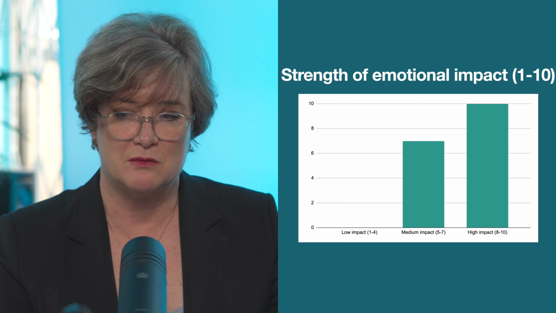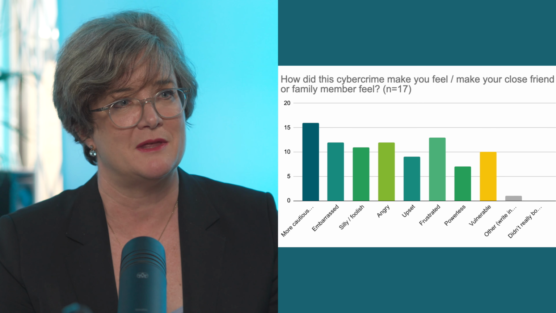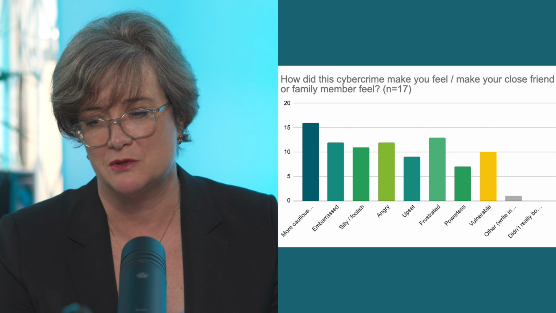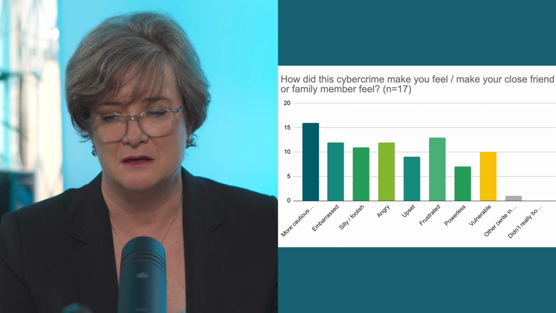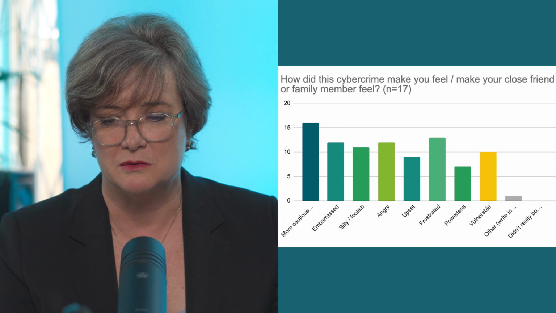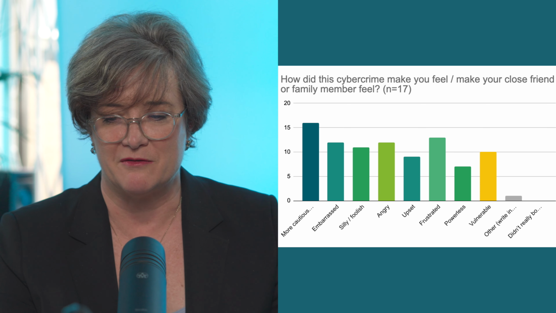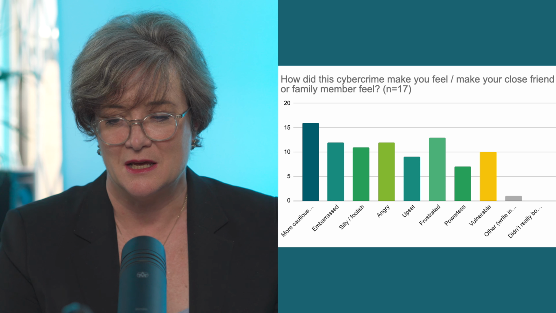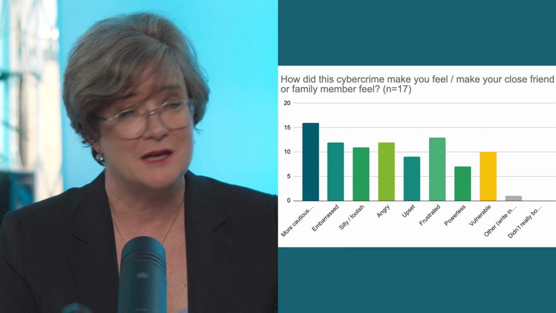And then I was also really interested in the words that people use to describe their emotions, because it can be very difficult to put emotions into words. They use things like embarrassed, silly, foolish, upset, powerless, vulnerable. And that comes through in the individual remarks as well. I felt stupid, humiliated, very cross, let down and vulnerable, angry, and so on.